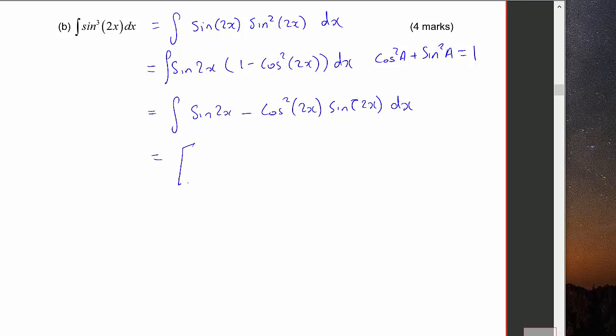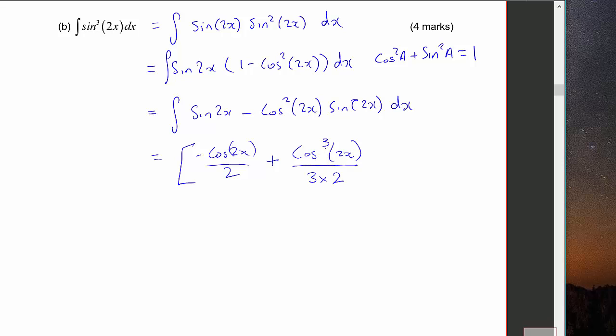Now sine integrates to negative cos, so that is going to be negative cos 2x divided by 2, don't forget the divided by 2. And this one's going to end up being plus cos cubed 2x over 3 times 2.